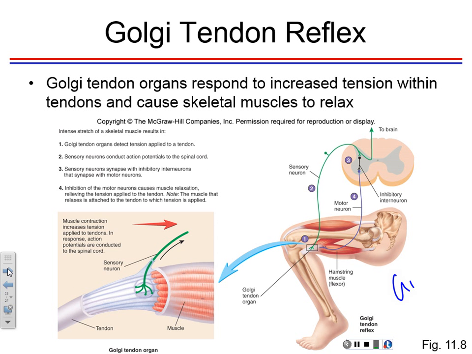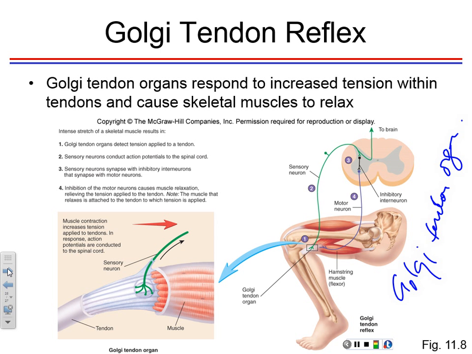The Golgi tendon organ is the receptor for this reflex. So when you're pushing weights and you're trying to lift heavy weights to impress the girls, your muscle is going to start to contract, and when it contracts, it's pulling on the tendon, on the bone, because that's what muscle contraction does, it moves the levers, which are the bones.